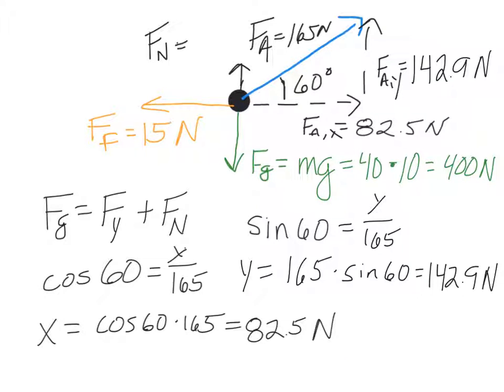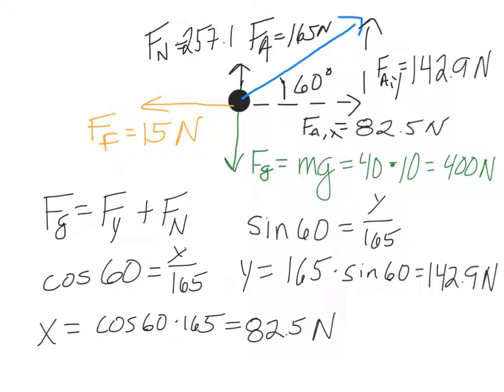Now, the only thing I don't have on my force diagram is my normal force. In this equation, the Y component plus the normal force is equal to gravity. So to find the normal force, I just need to subtract the Y component from gravity. I've run out of room, so I'm going to show that up here.